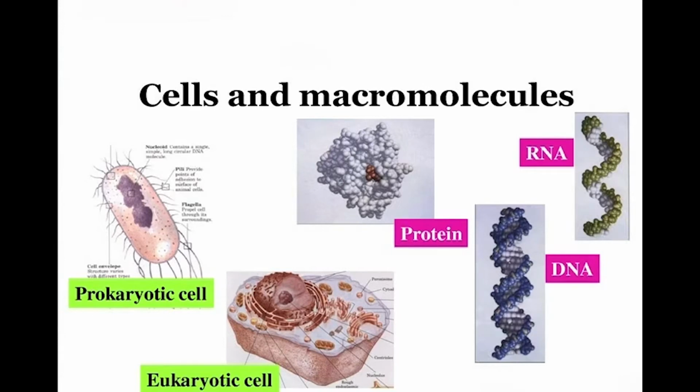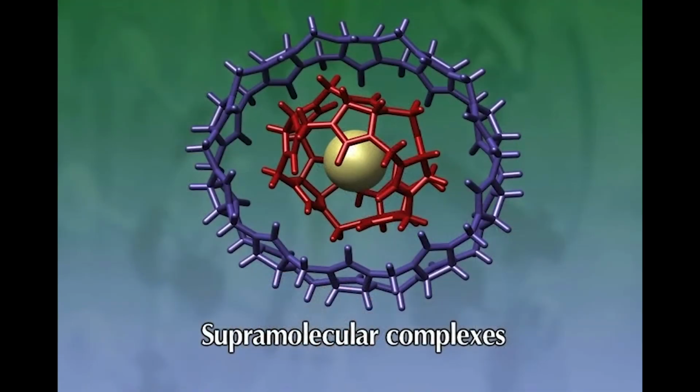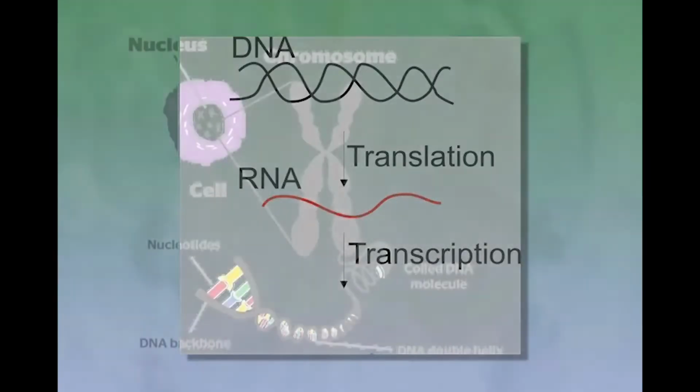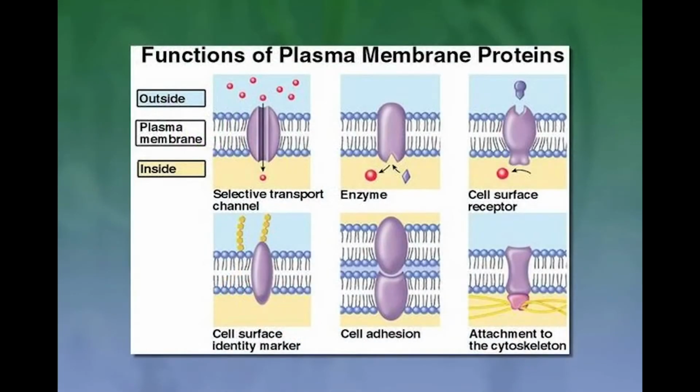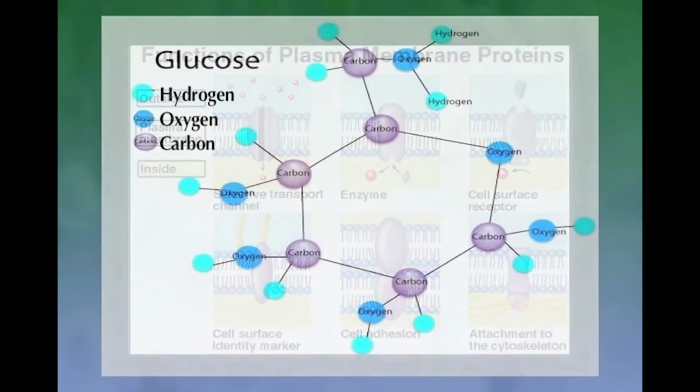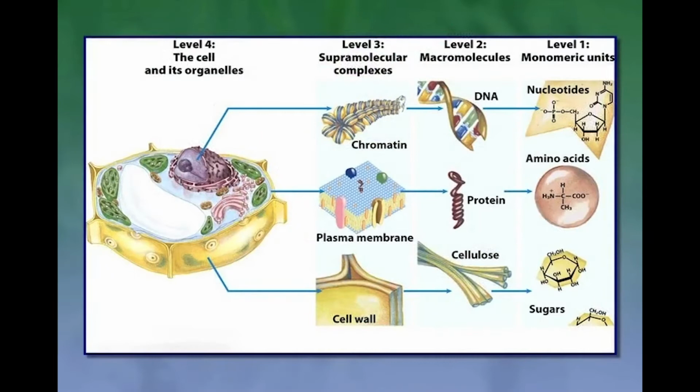Now, this DNA and RNA is the second level of organization of the macromolecules, and the third level includes supramolecular complexes like the organization of DNA and RNA into chromosomes, the organization of proteins into the plasma membrane, and the organization of individual glucose molecules into cellulose microfibrils which form the cell wall. All these level 3 structures organize themselves into level 4, which is basically the cell and all its organelles.